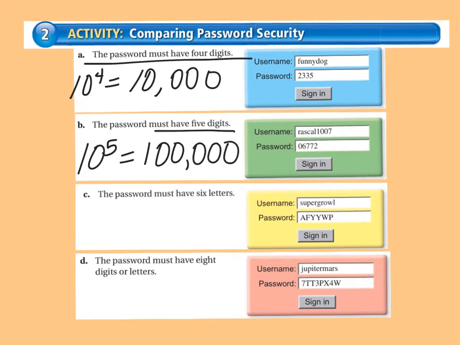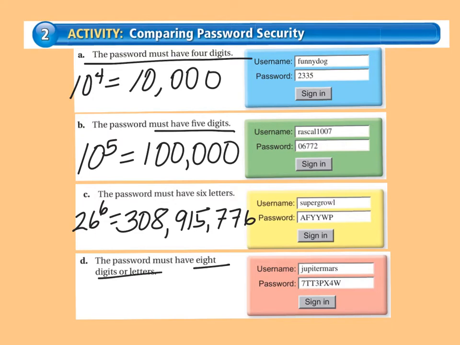A password that has 6 letters, that's 26 letters per each of the 6 spots. So we'd be thinking of 26 to the 6th power. That is 308,915,776 possibilities.